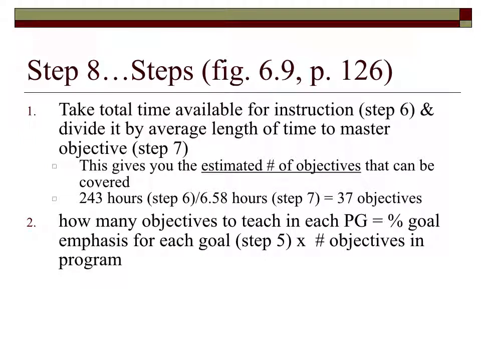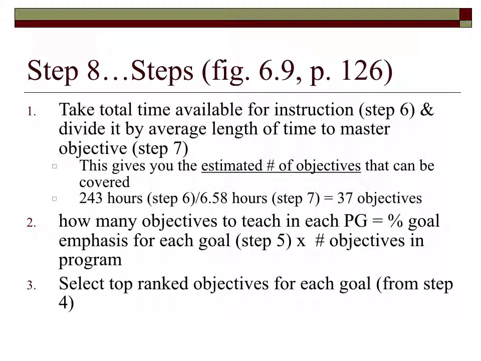So the next step is how many objectives to teach in each program goal. This equals the percent goal emphasis for each goal. We went over this in step 5. We multiply this by the number of objectives in the program. So we select top ranked objectives from each goal, and this is from back in step 4. Let's take a look at what this looks like.